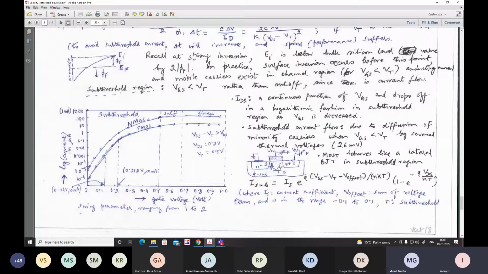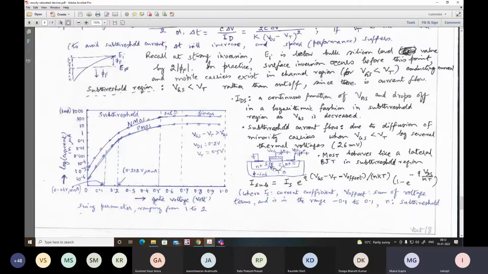Maybe DIBL has got some part to play, but otherwise it is a statistical phenomenon. I read somewhere that the Boltzmann distributed electrons, due to imparting of energy to them, find some passage. Anyway, the physical reason, I am sorry, I am not able to answer much.